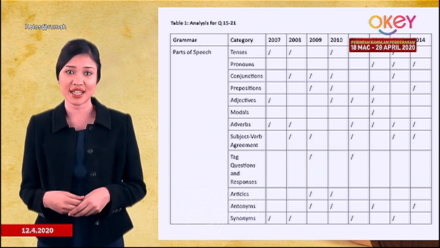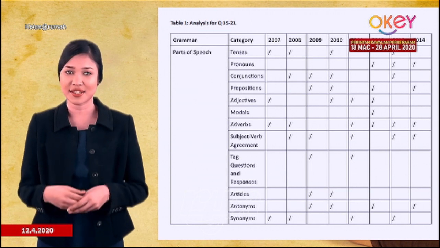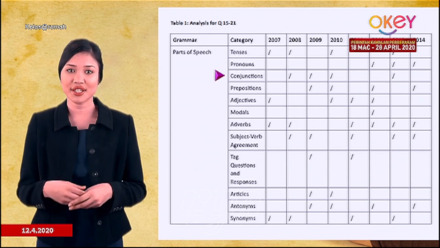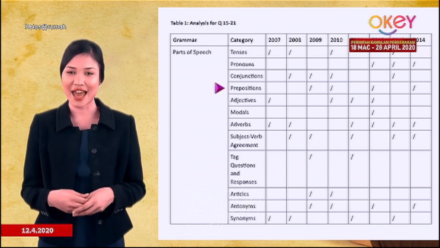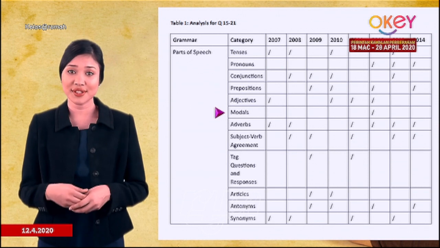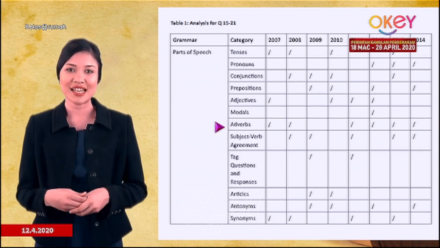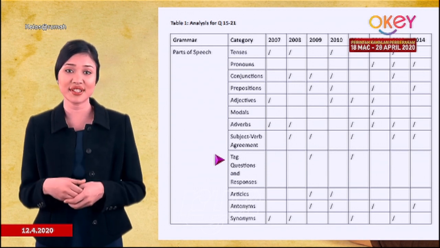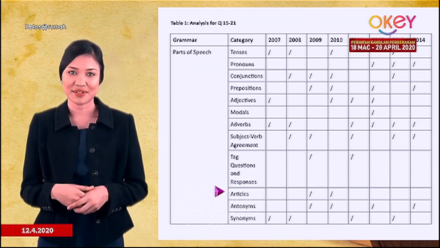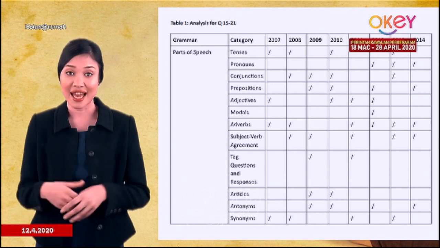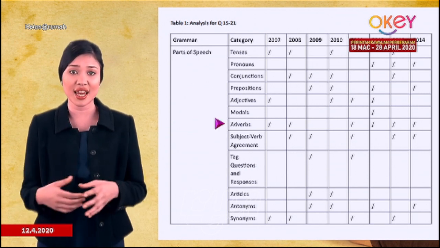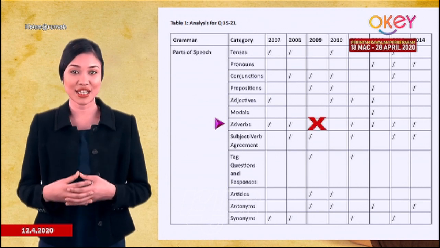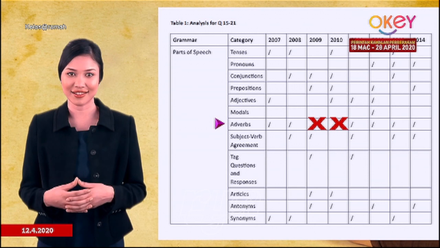Questions 15 to 20 generally ask these parts of speech: tenses, pronouns, conjunctions, prepositions, adjectives, modals, adverbs, subject-verb agreement, tag questions and responses, and articles. Out of these topics, adverbs are the most commonly asked in the UPSR. Adverbs came out every year except in 2009 and 2010.